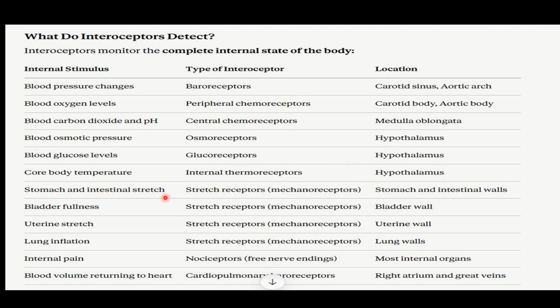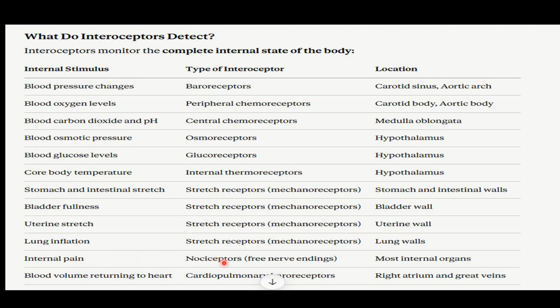Next is stomach and intestine stretch receptor, in the stomach and intestinal walls. Next is bladder fullness stretch receptor, and these are all mechanoreceptors, located in the bladder wall. Similarly for the uterus, we have uterine stretch receptors, in the uterine wall. Lung inflation stretch receptors, in the lung walls.